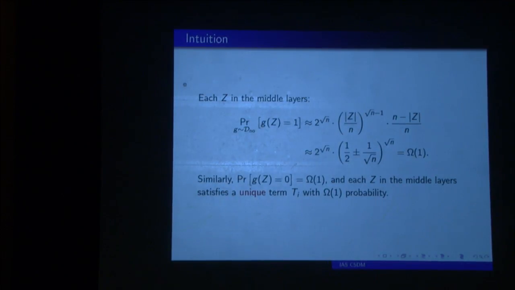Now, each of these t_i prime defines for us like a small cube. And there are 2 to the root n many cubes. So take this one. This cube contains all the points z such that t_i prime of z equals 1. Okay. How about this? They are disjoint, they don't overlap too much, and together they cover a constant fraction of the middle layers.